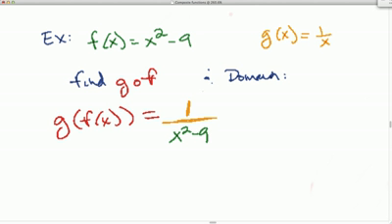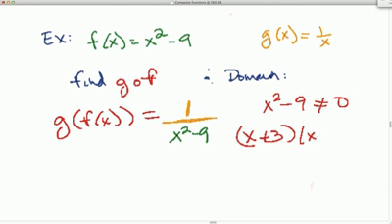And in this case, the domain would be the domain of your answer, which in this case we know the denominator cannot equal 0. So x cannot equal plus or minus 3. And then the f of x was a polynomial.